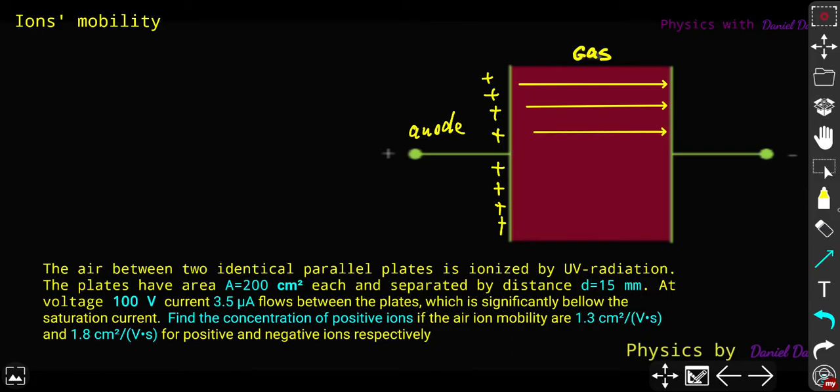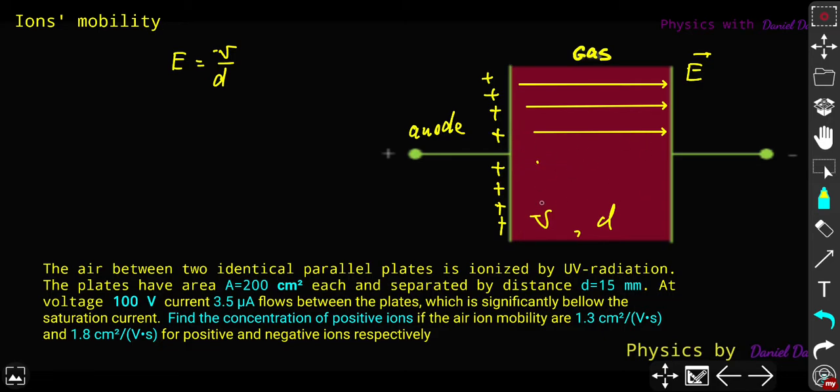That's the first consideration here. And due to the voltage along the distance d, we can say that the electric field is equal to voltage over distance. That's the first fact, and it's uniform no matter which point you take.